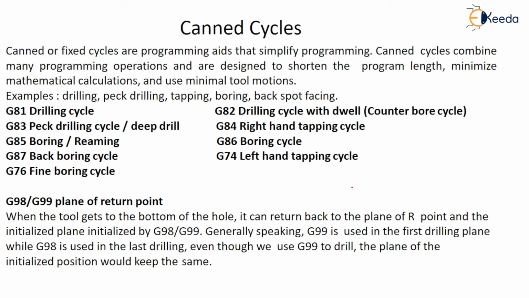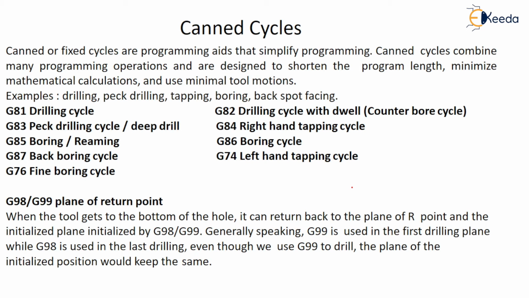Okay. So canned cycle. Canned cycles are fixed cycles or programming aids that simplify the programming. Canned cycles combine many programming operations and are designed to shorten the program length, minimize the mathematical calculation and use the minimum tool operation. We mention canned cycles shortly as a way to reduce the program length.